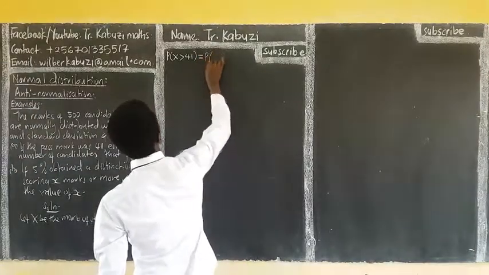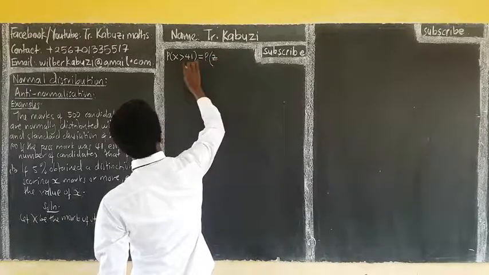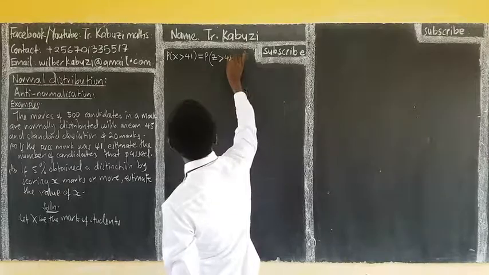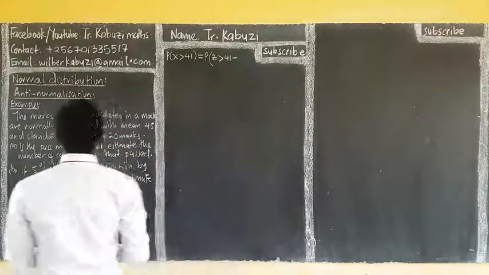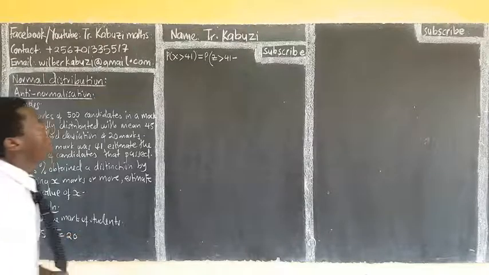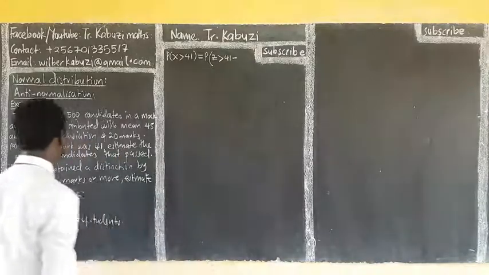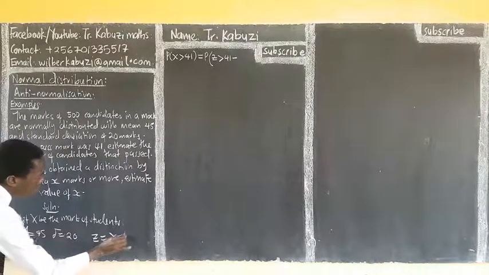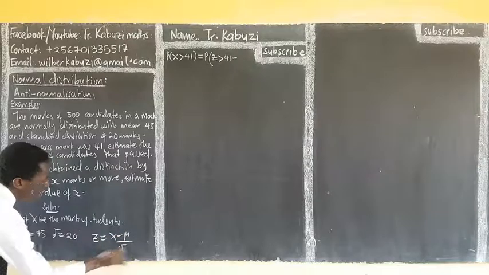So this will be the probability that z is greater than 41 minus the mean. They gave us the mean, 45, and the standard deviation, 20. To standardize, we use the formula x minus mu, the whole over sigma.